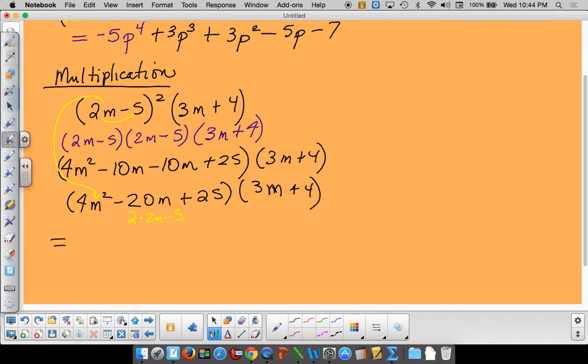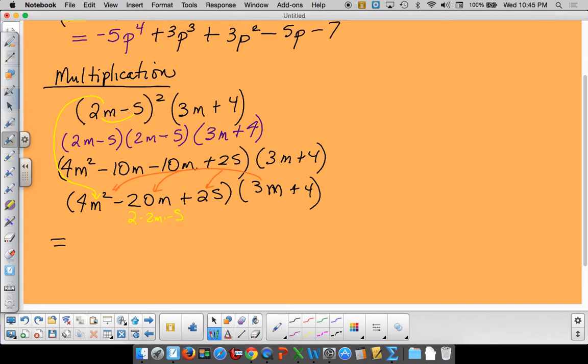Finally then, the bigger question comes from how do I multiply a trinomial and a binomial together? Once you get to this point, there's no little fun acronym like FOIL. You simply have to distribute. And I would distribute the smaller number of terms, which means I would distribute the binomial. We're simply going to take the 3m times all three terms, and then we're going to take plus 4 times all three terms.